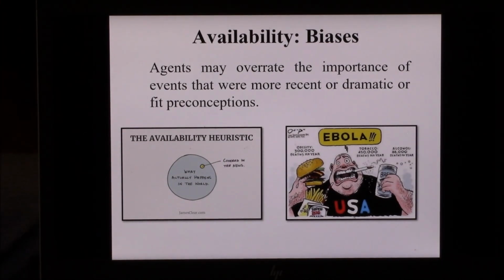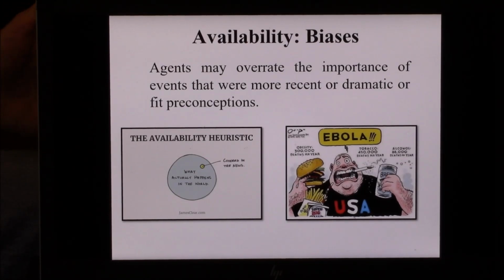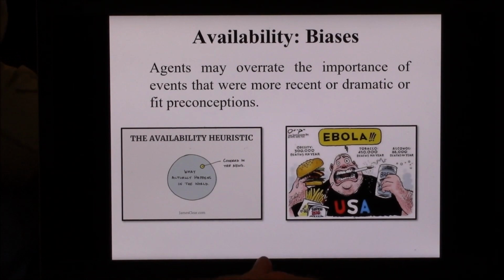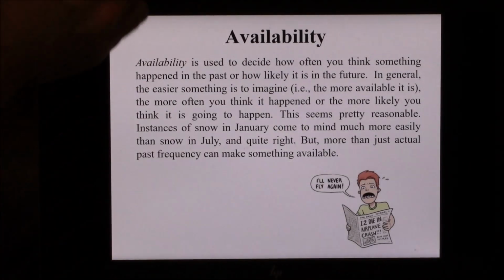The availability biases that I want to talk about here are events that were more recent or dramatic or fit preconceptions. So things that are very dramatic stand out in your mind more heavily.